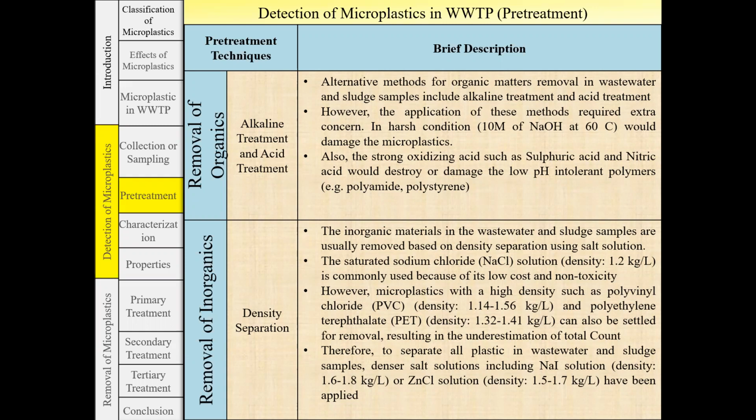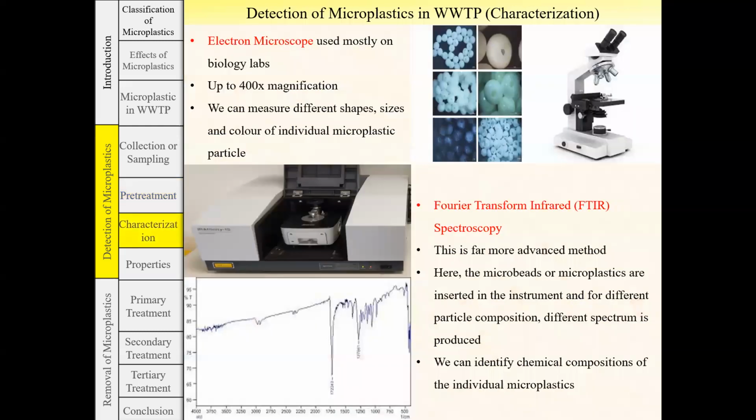In general, we use sodium chloride solution in this technique as it is cheap and non-toxic. In some cases, higher density salts like sodium iodide or zinc chloride can be used to separate all microplastic in the wastewater. Now, the last stage of the detection method of microplastic is characterization.